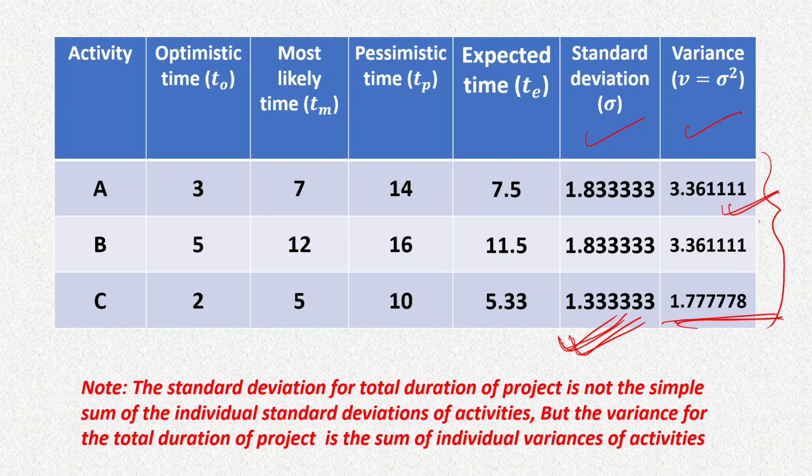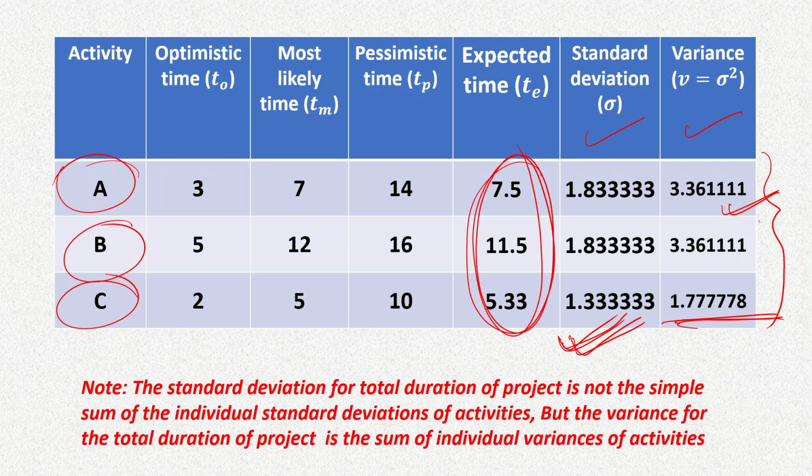In the final calculations, we do not need it, but for intermediate parts, it is necessary, and that's because while we try to find out the total expected duration, these are only the durations for individual activities A, B, and C. For the total duration, also we'll have to find out the standard deviation. And the problem is that for some of these values, the standard deviation for the total duration is not the sum of the standard deviations by definition, but the variance is.